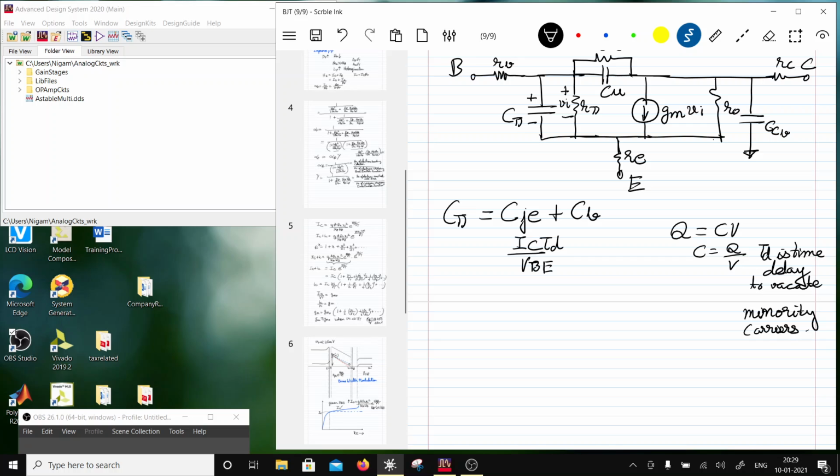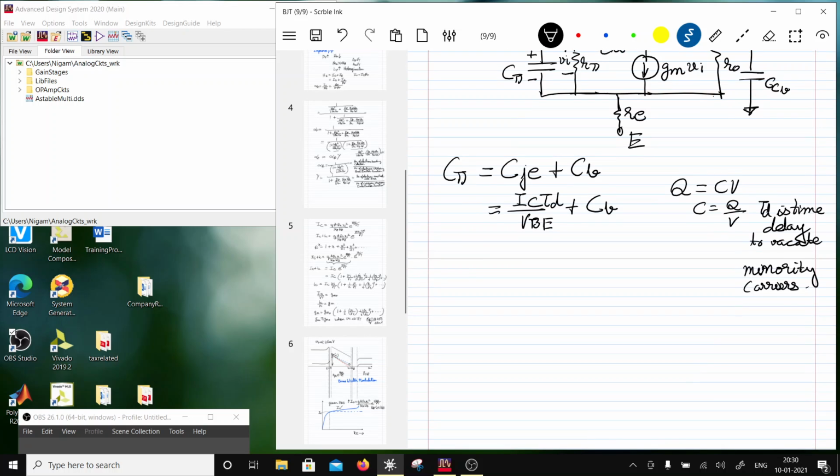So now this would be CJE, charge divided by voltage, right, plus CB. Now this CB is basically to do with the charge in the base.